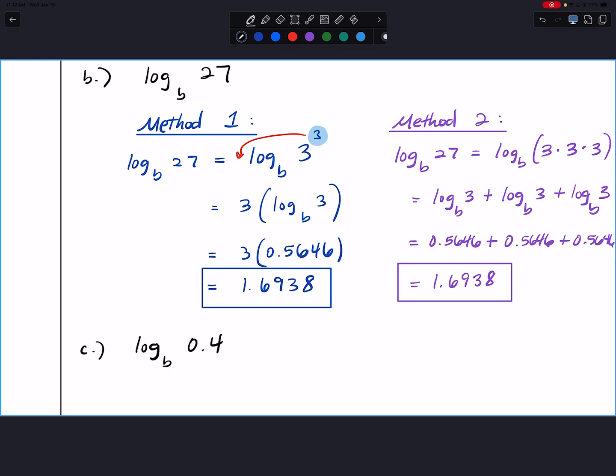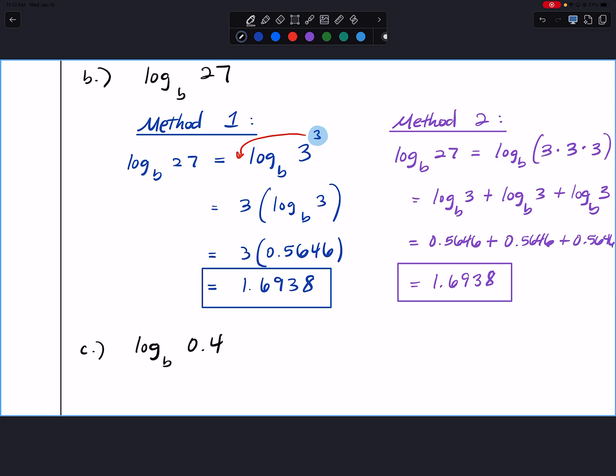Can anybody think of a way I can get that number by using the numbers I gave you? Yes, because it's a decimal, that tells you you should do what? You have to divide something. So play around with the numbers, guys. What's a way that we can get 0.4?